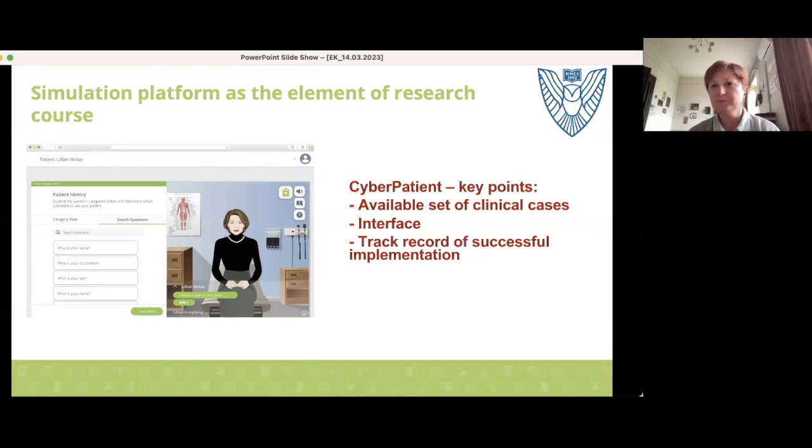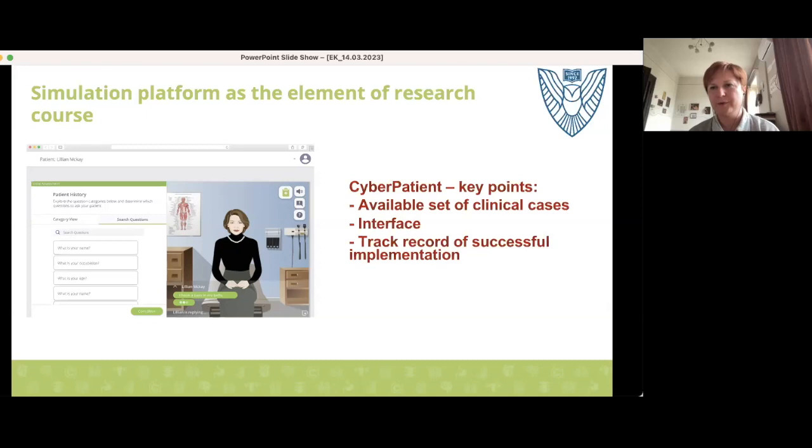First of all, key points specific to CyberPatient, those all of you are aware. Available clinical case sets, more than 100 clinical cases, as well as the opportunity to add your own to the library. Interface, which is not very complicated and does not need too many IT skills.